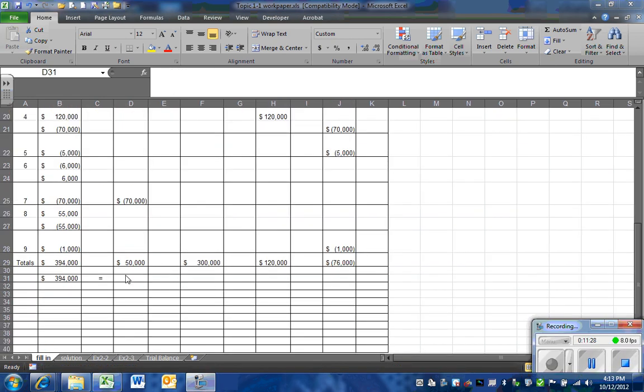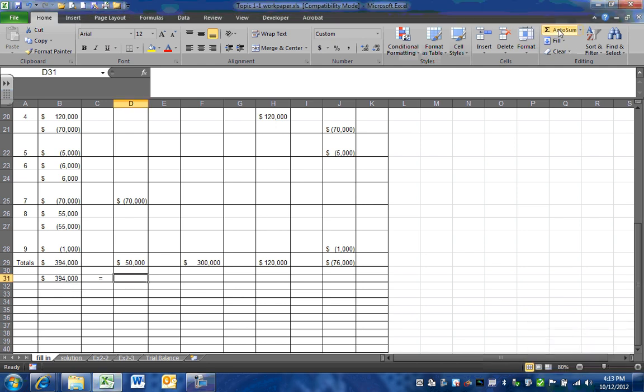So now that we have our totals, our assets are $395,000. If we add up the right side of the equation, the liabilities, paid in capital, retained earnings, we have 394, and we have balanced our transactions.